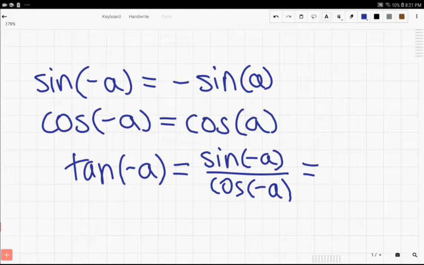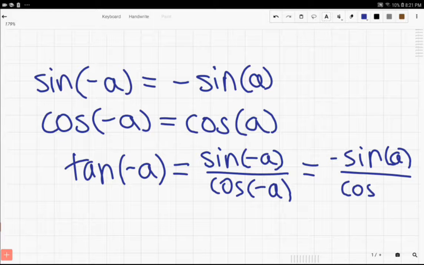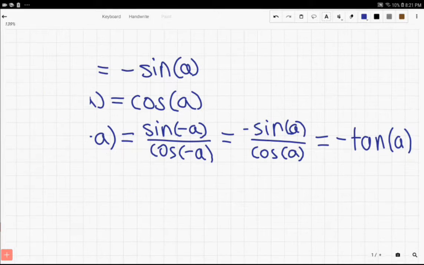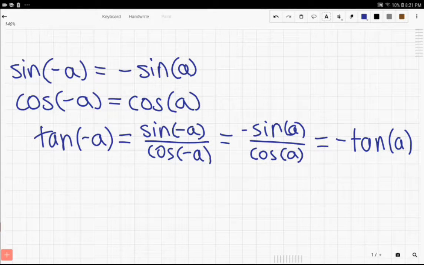So this becomes negative sine of A over cosine of A, and that just becomes negative tangent of A. So we have three functions, and we now know what the negative of each is. Now, you may be wondering, doesn't this mean that the function sine is an odd function, the function cosine is an even function, and the function tangent is an odd function? And yes, that is indeed the case.